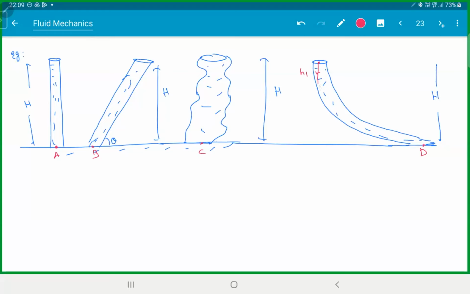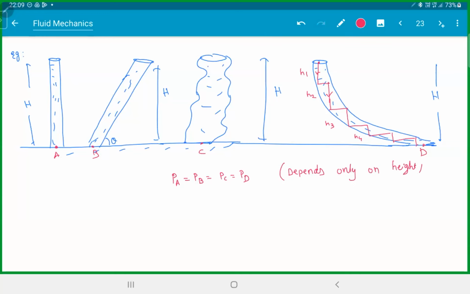So let this be H1. It will not change. It will again increase, H2. Not change, again increase, not change, again increase. End of the day, it depends on what? On the total height, isn't it? So in this case, PA is equal to PB is equal to PC is equal to PD. Depends only on the height. Make sense?